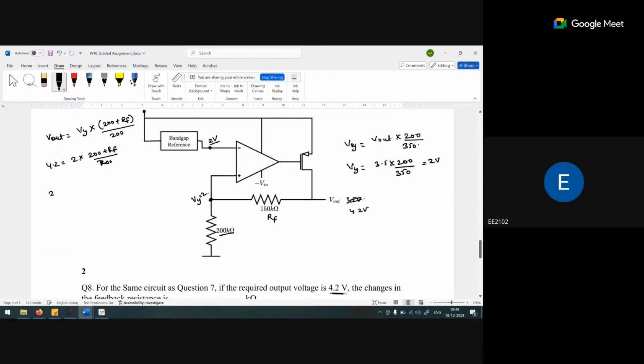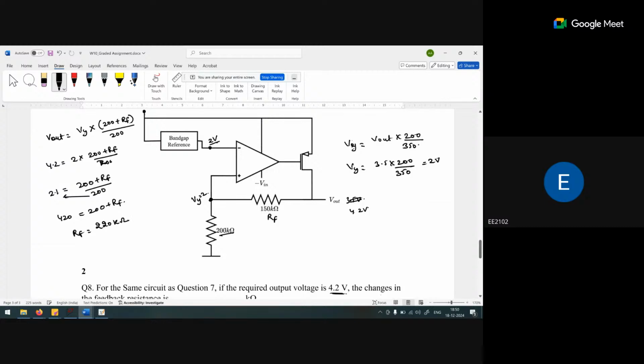So 2.1 is equal to 200 plus RF upon 200. Multiplying, 420 is equal to 200 plus RF, that means RF is 220 kilo ohm.